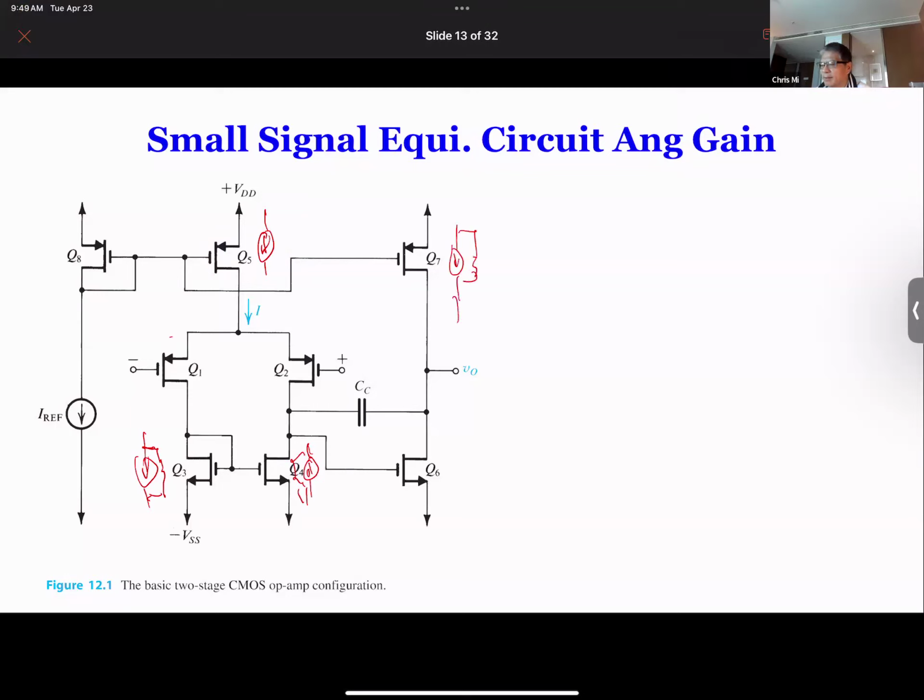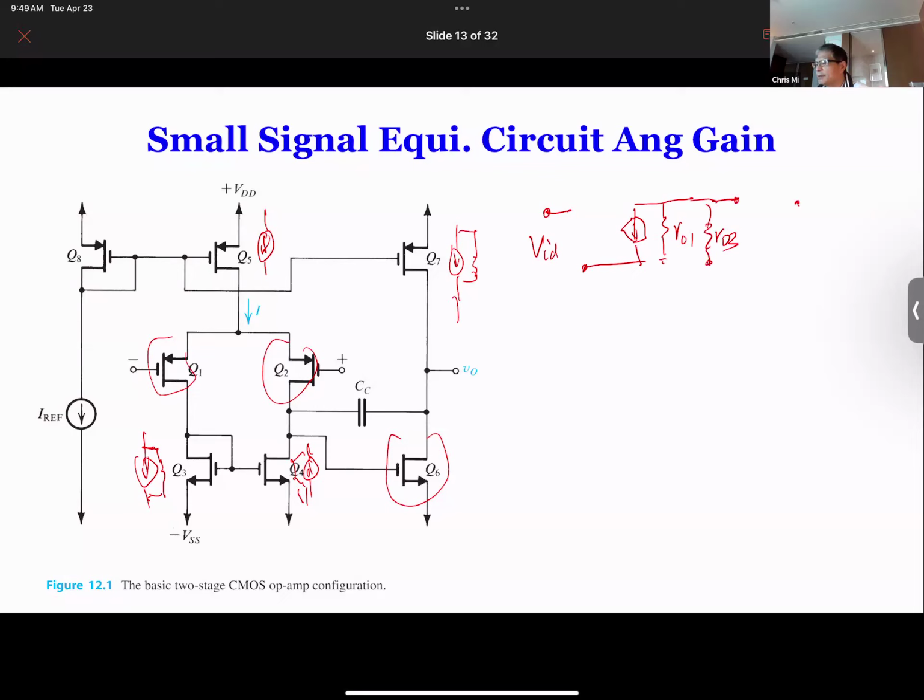And here and here, we can do the small signal model. From the first stage, we have input VID, and then you have Q1 with a current source and its own internal resistance RO1, and also RO3 connected to the drain. That's your first stage.